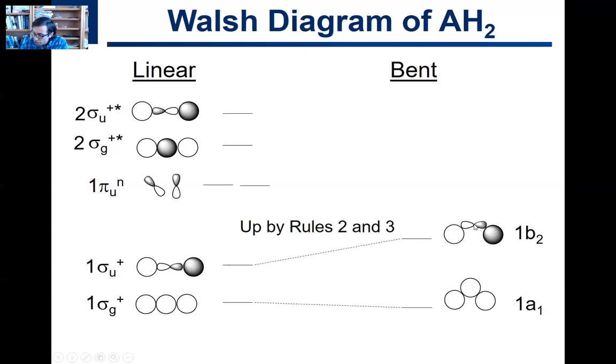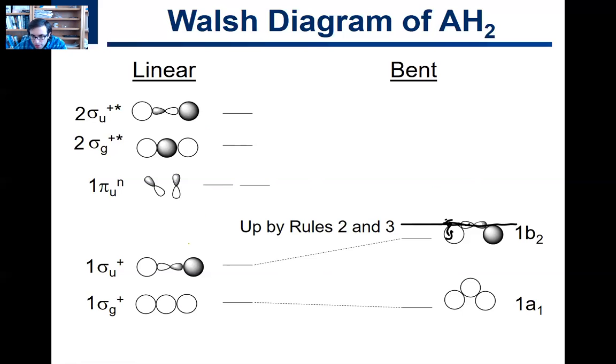Because now you have a very directional p orbital, right? The p orbital here has electron density really pointing out that way. And so by bringing this down, now you're off that axis. You're off the axis of the p orbital. And so that's weaker, okay, by rule 2. You have less bonding interactions. By rule 2, that's unfavorable for energy, right? You want bonding. And so as a result, you're going to go up by rule 2.